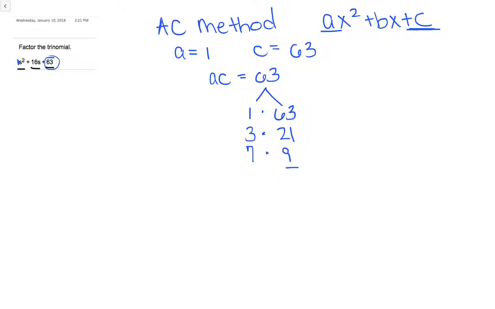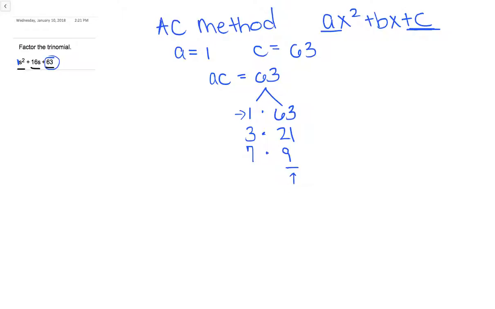So all I did was I started at 1. On my calculator, I divided by 2, 3, 4, 5, 6, 7 to see which ones went into 63 evenly. And then since I restarted at 9, I know that I listed all of my factors of 63.